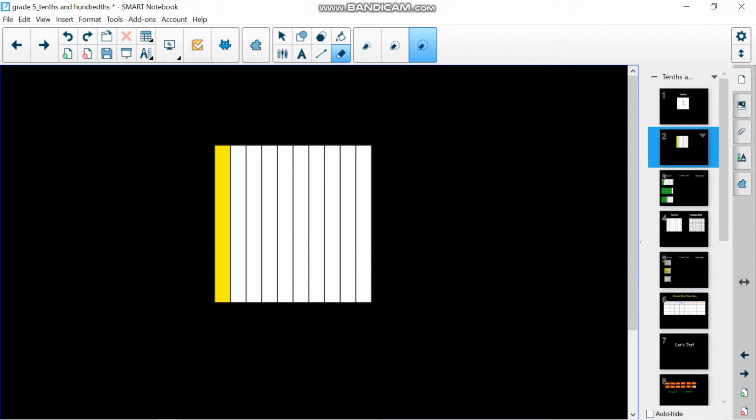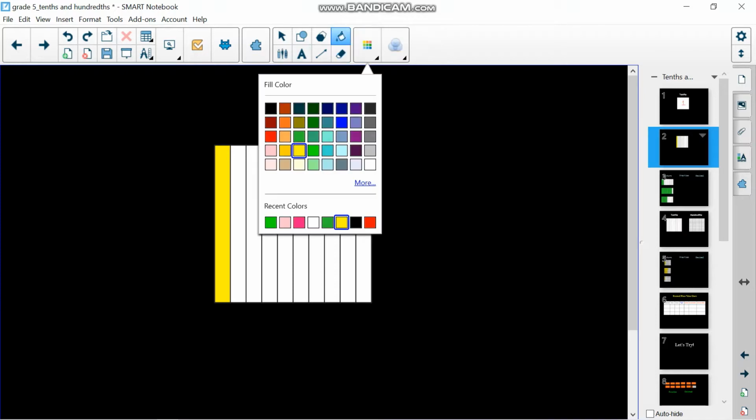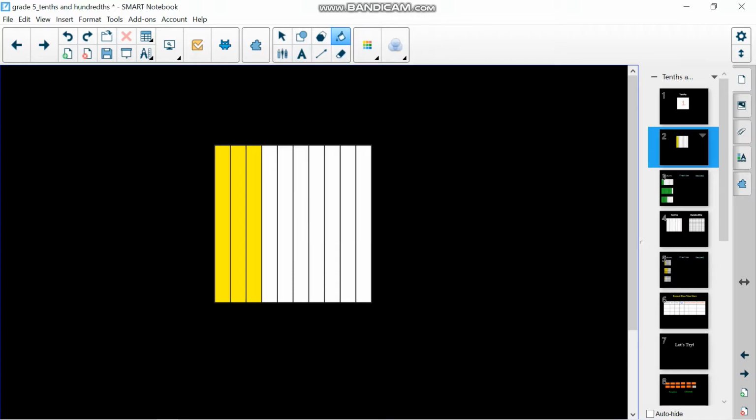Now let's try shading some more tenths. So now I'll go ahead and shade 7/10. 1, 2, 3, 4, 5, 6, and 7. So I have 7 out of 10 pieces shaded, so I'll write that as 7/10.